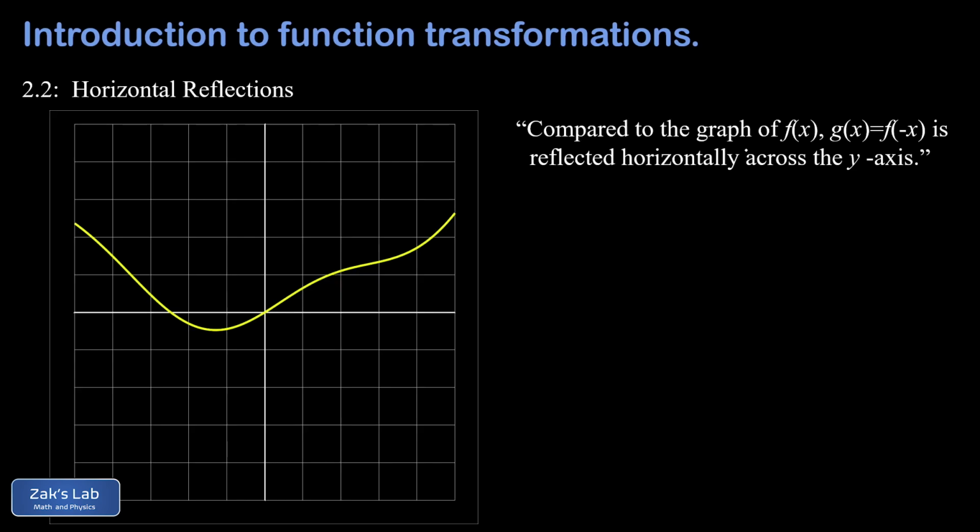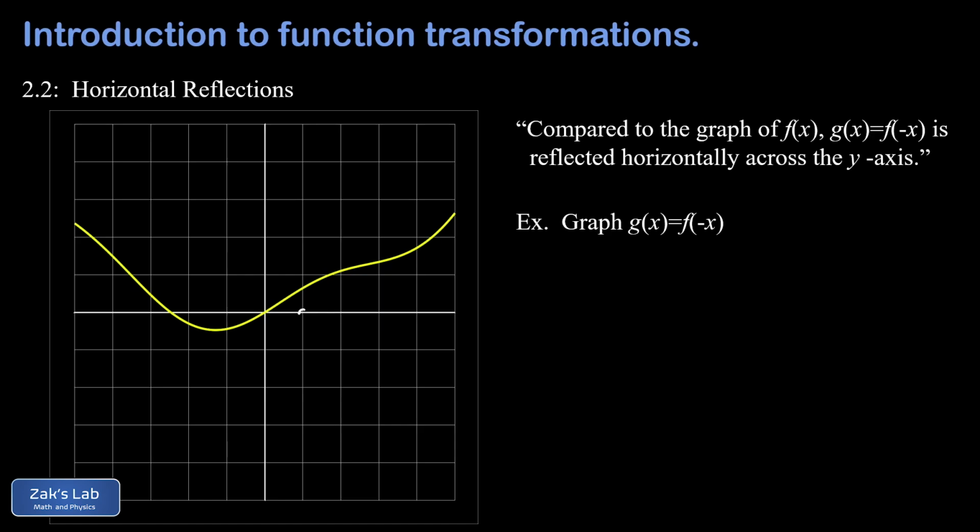So we're told, compared to the graph of f of x, the graph of g of x equals f of negative x is reflected horizontally across the y-axis. When I say f of negative x, I mean if I take the formula of f and I replace the x with a negative x, that's what causes this kind of horizontal reflection. So to figure out why this is working, we can just look at one or 2 points on the graph.